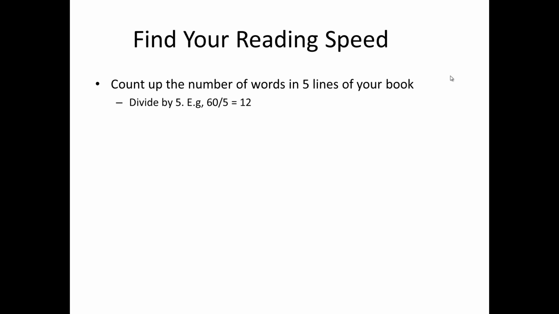Alright, so now to find our reading speed. So find a book. Just a standard book, a novel, you know, quite small font, that kind of thing, but it doesn't matter too much. And count up the number of words in 5 lines of the book. It doesn't matter how long or short the words are, because we're going to divide it by 5.